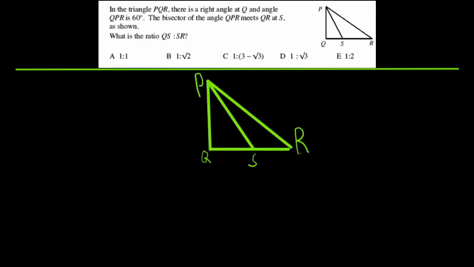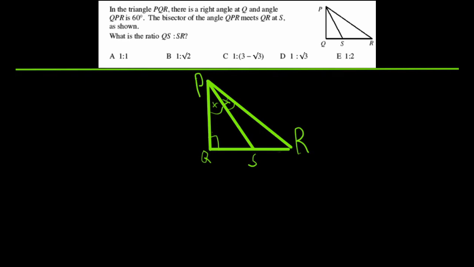Okay, so this question asks us to find the ratio between QS and SR. So we know this is a right angle here, and because PS bisects the angle QPR, we know that this angle here is x, and this angle here is also x.